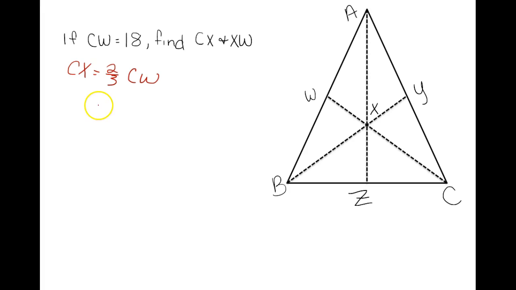So that means we can find CX. So CX, that's what we're finding, equals 2/3 times, and what is CW? This entire segment is 18. And it says it here, CW is 18. So now you just do the math. 2/3 times 18.